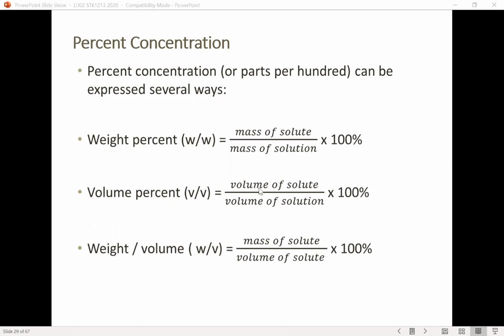You have volume of solute over volume of solution times 100%. And for this one, weight per volume, which is mass of solute over volume of solution. Okay, this is volume of solution, not volume of solute. Please make amendments on your note. Okay, this also times 100%. Please take note about this one.